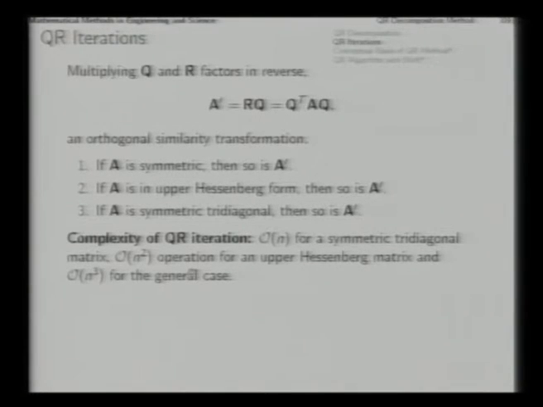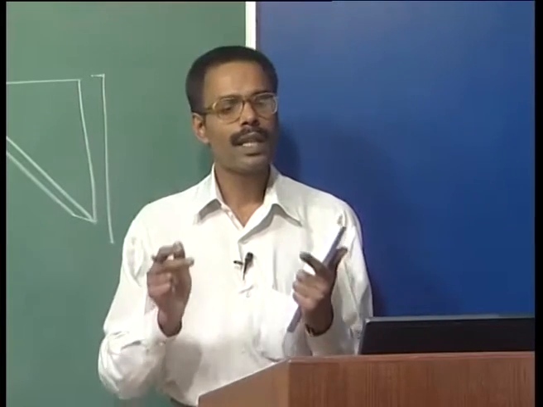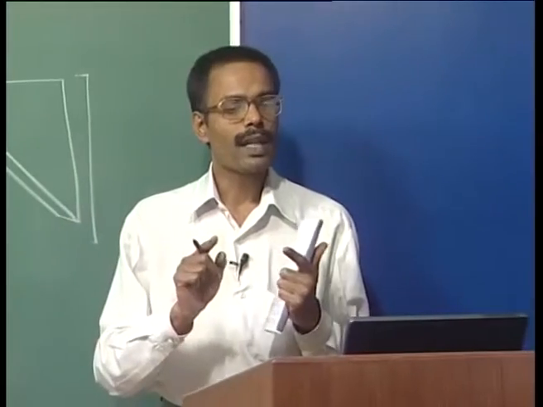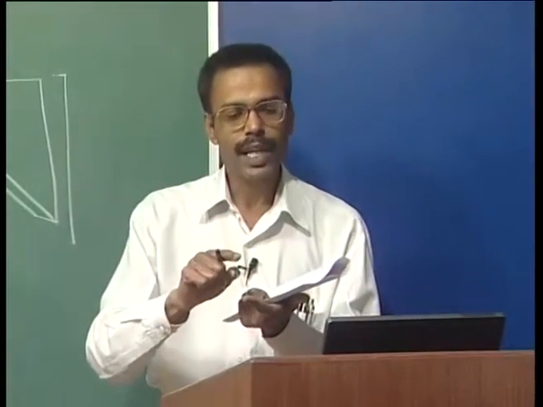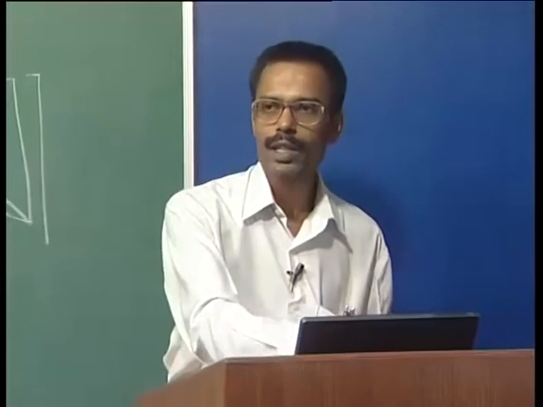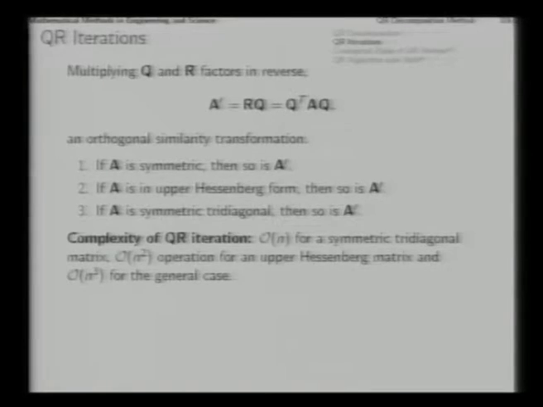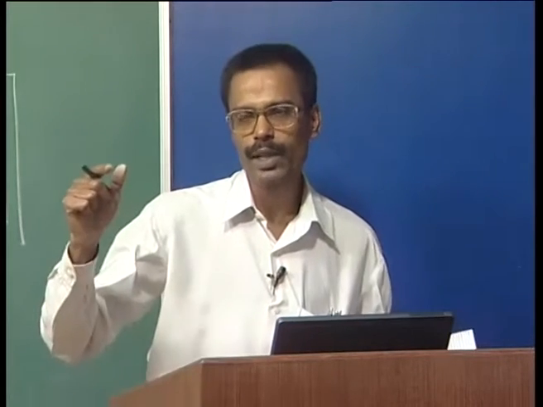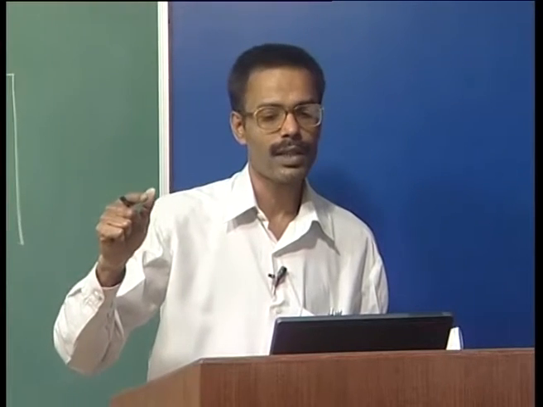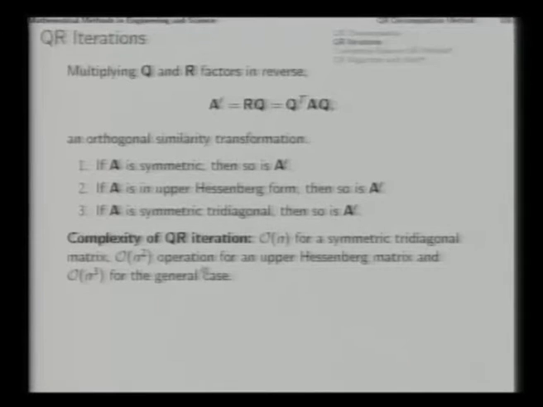This is why we say that if you have got a symmetric matrix, then it is very important that you first reduce it to tridiagonal form and then apply QR decomposition, even though on the full matrix also the QR decomposition method would work. Similarly, in the case of a non-symmetric matrix, it is better to reduce it first to upper Hessenberg form and then apply QR decomposition.